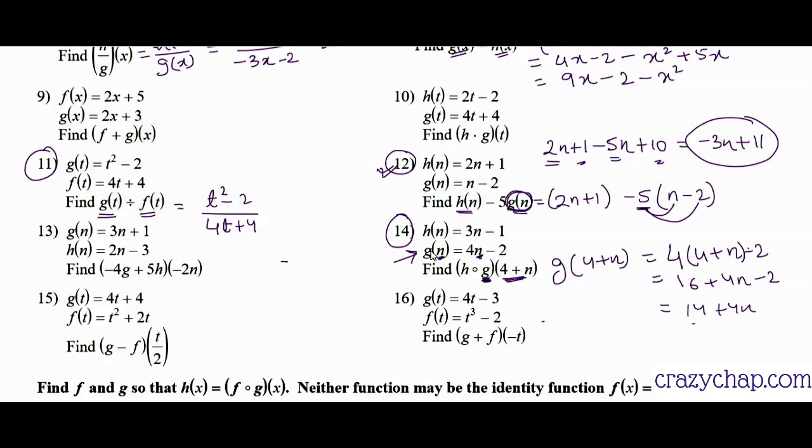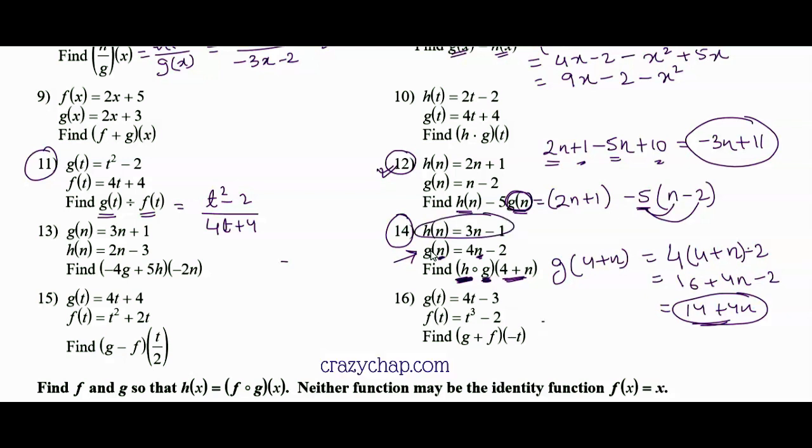Now guys, please understand. This value will plug into my h function because h was in the front. So in place of the h function's n, I will just plug in that value. See how I am doing? I am replacing n with 14 plus 4n.